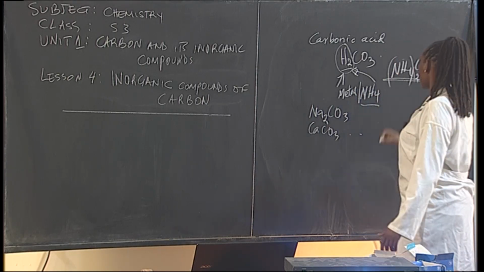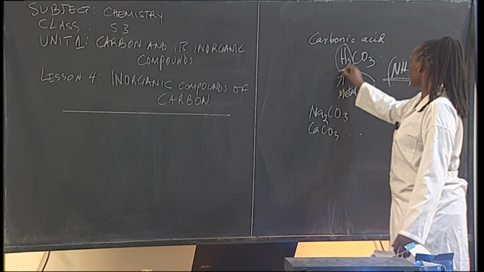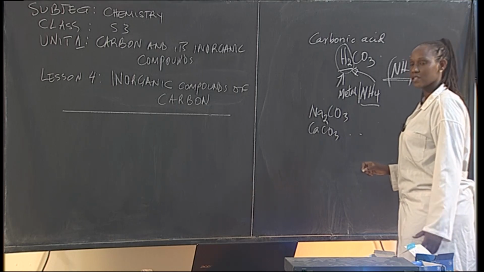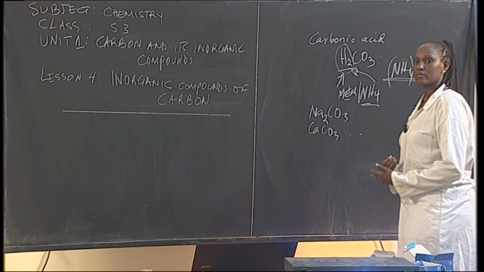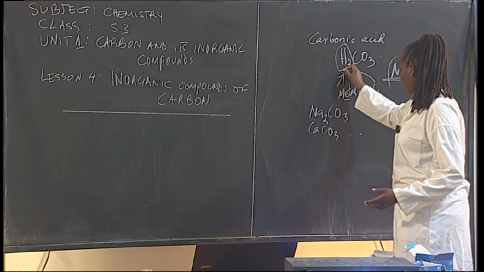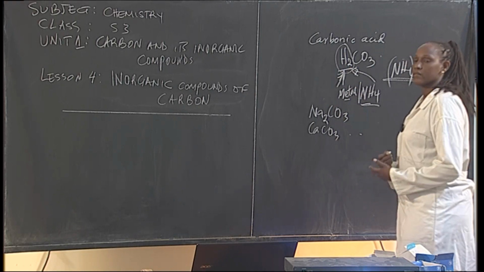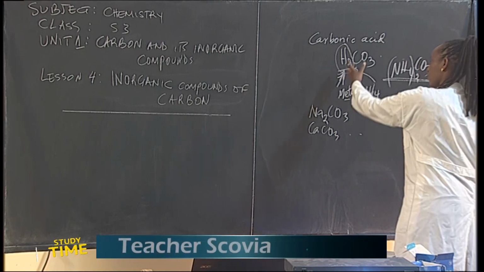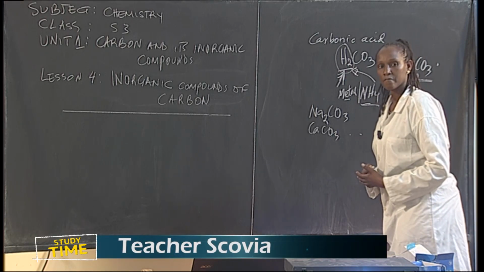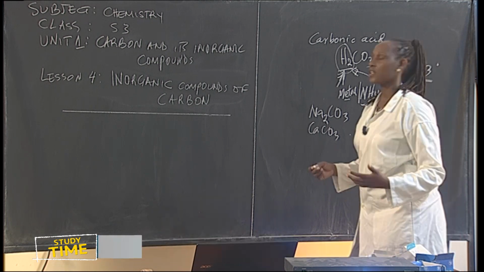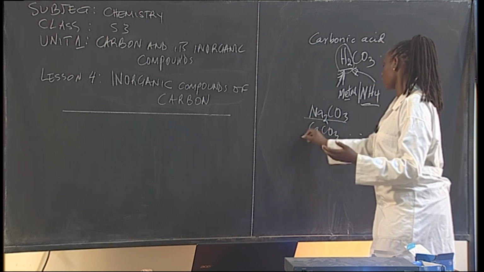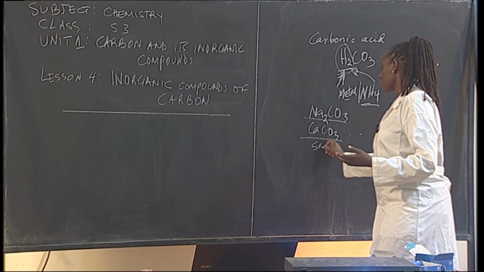These carbonates can be formed by removing the hydrogen of carbonic acid and replacing it by a metal or ammonium. So you put any metal you want and remove the hydrogen of carbonic acid. All right? So then what we form is a salt. These are salts.